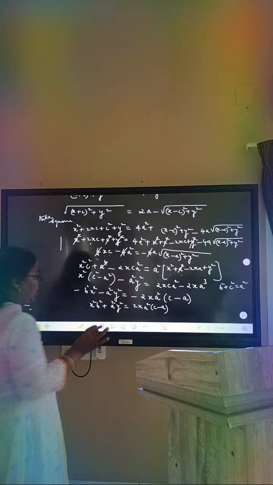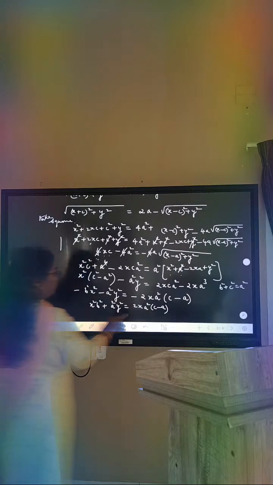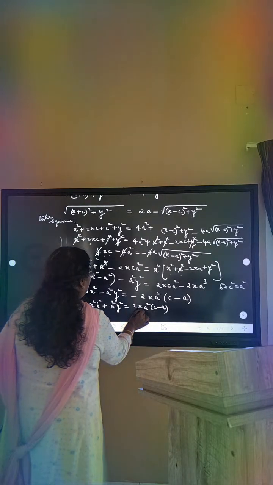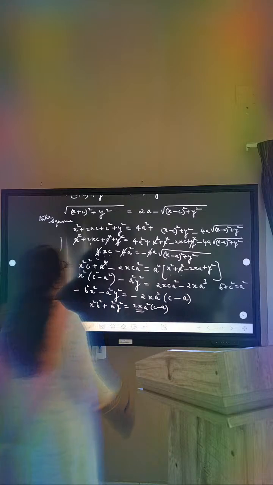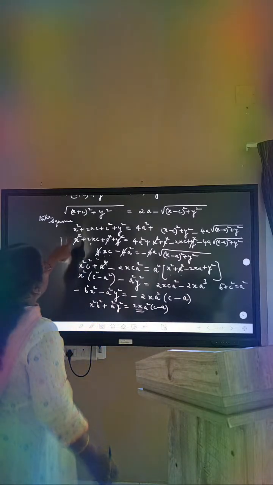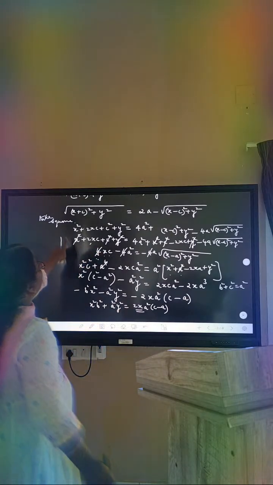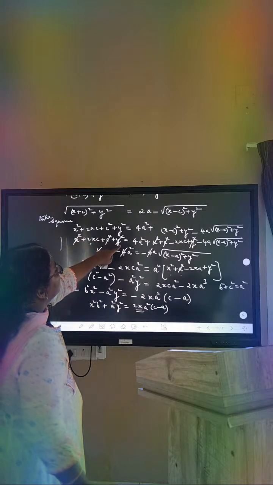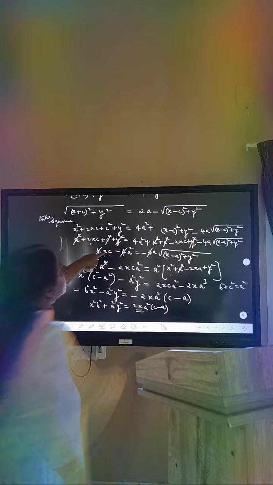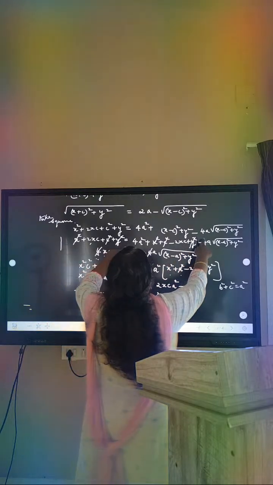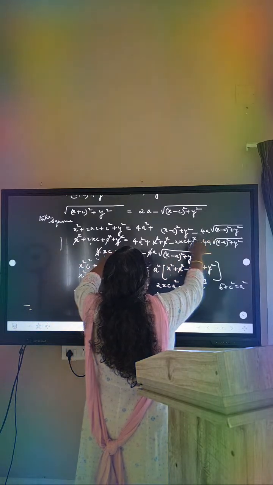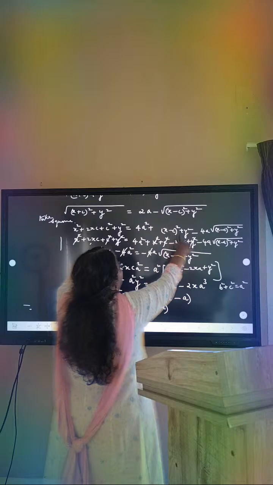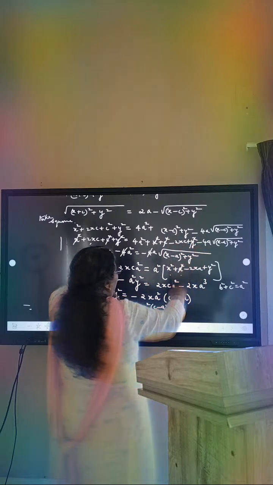if I divide throughout by a squared b squared, it should have cancelled with this. I have a minus 4a into root of the square, and all that.